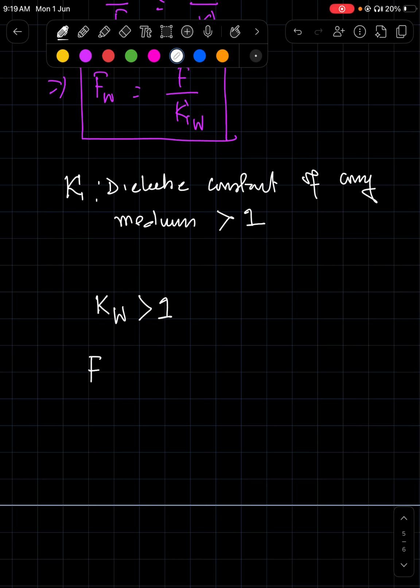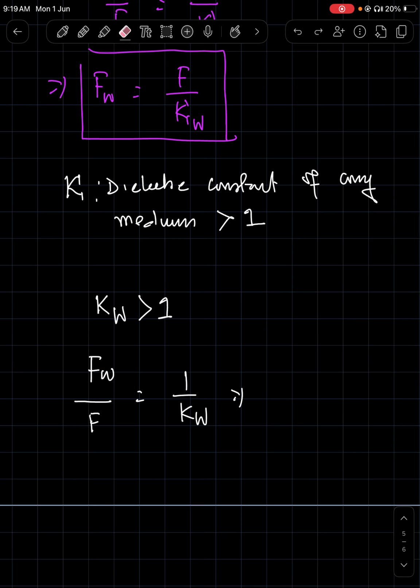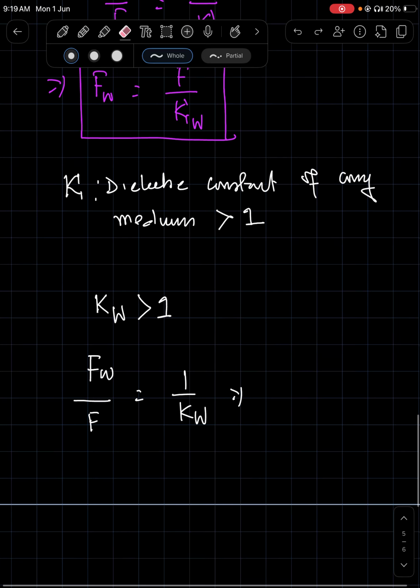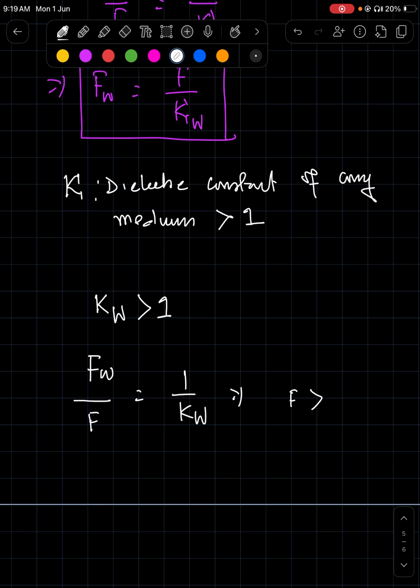Here Fw by F is equal to 1 by Kw, and since Kw is greater than 1, we can easily see that F is greater than Fw.